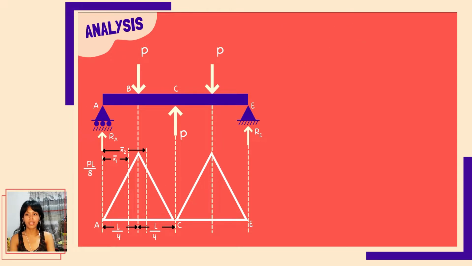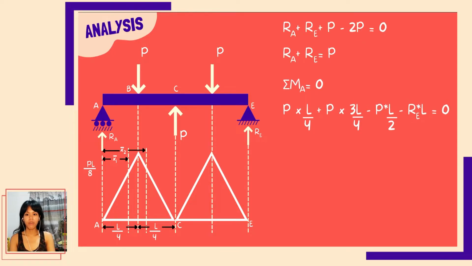So, we get P times L over 4 plus P times 3L over 4 minus PL over 2 minus RE times L is equal to 0. We obtain RA and RE, which are both equal to P over 2. In our diagram, the origin is at A.